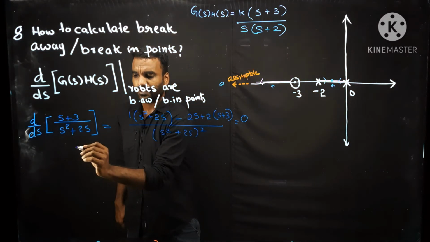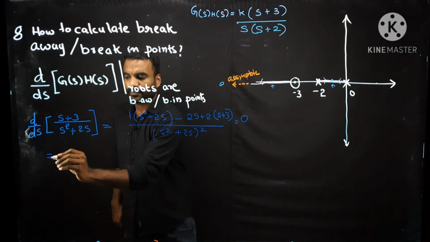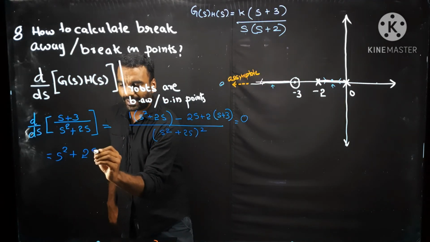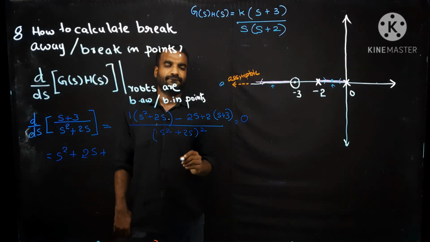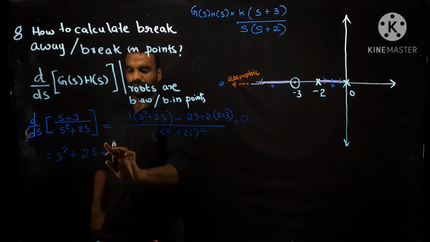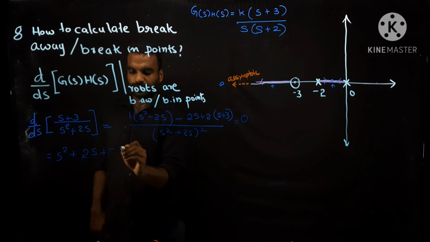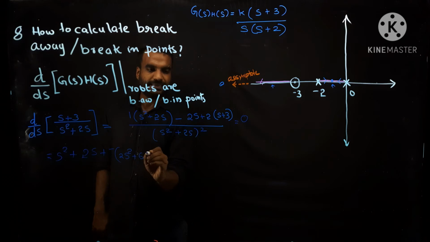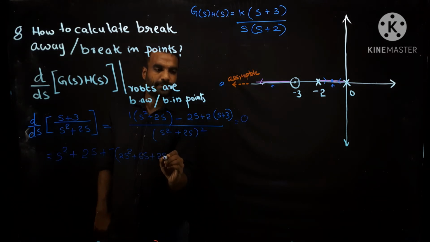So what will be the next step? s square plus 2s minus, open the bracket: 2s square plus 6s plus 2s plus 6.